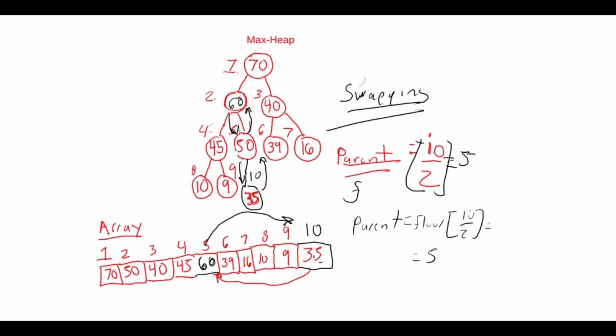Okay. And now we want to check the value. So we do the parent value, we do the floor, and we go 5 divided by 2. It's going to be 2.